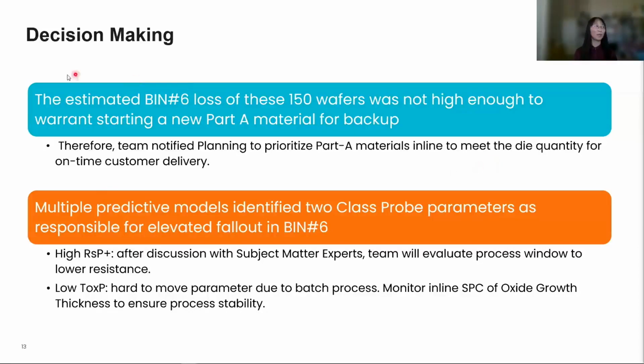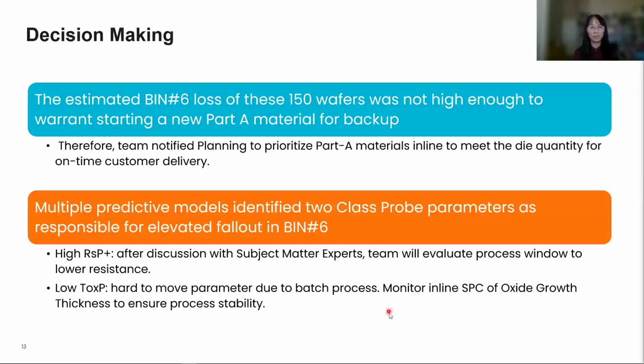So the decision we made is we send down the wafers because we don't need to scrap. None of the wafers will be a scrap risk. And also we don't need to start a new lot because the overall die impact from the estimated bin 6 fallout is not enough to warrant a new part start as a backup.